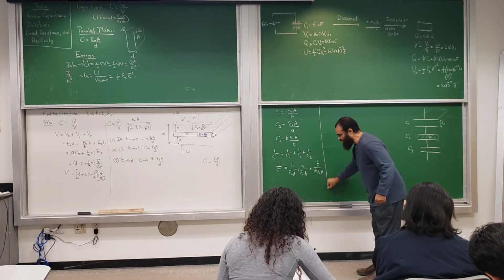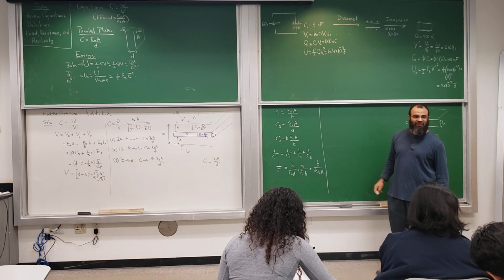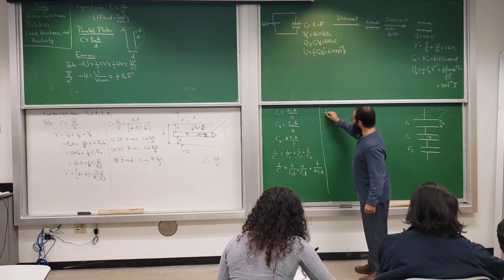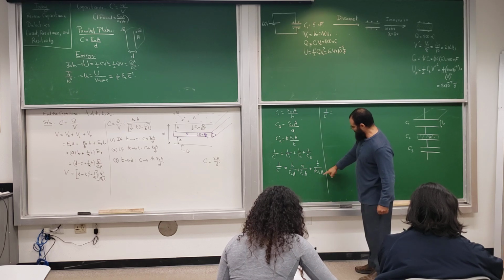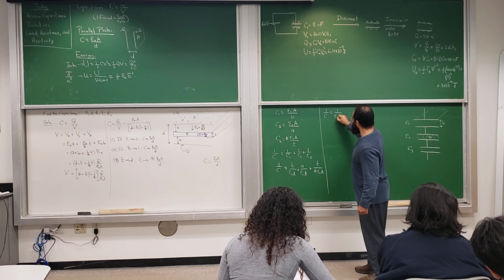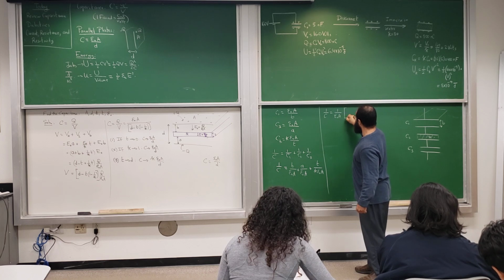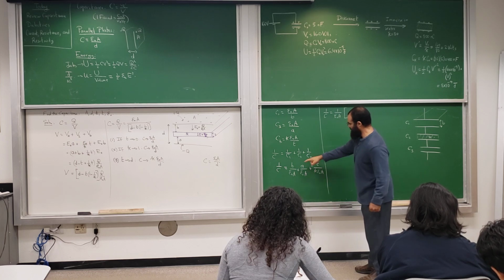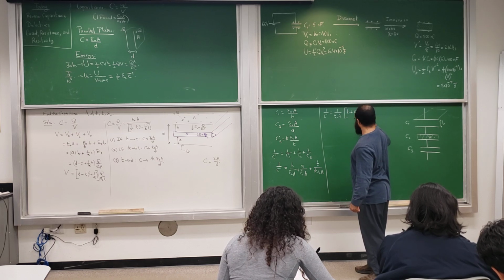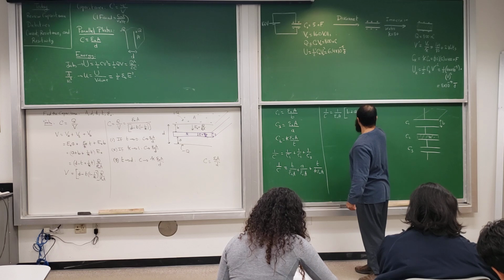We have to do some more algebra and then we get the same thing. So that 1 over C is equal to, all of them have this epsilon naught A, so let's factor it out. So put epsilon naught A times B plus A, and then plus T over kappa.